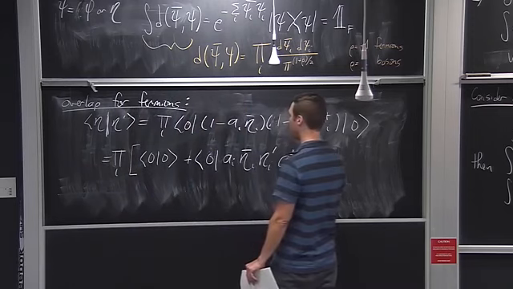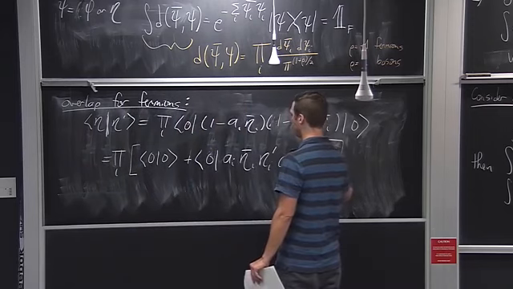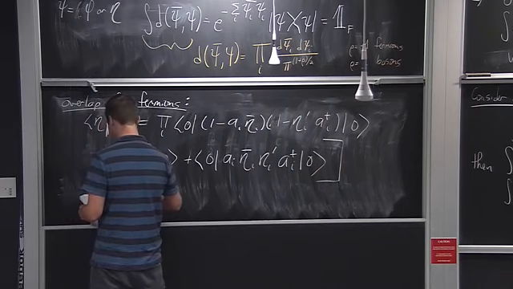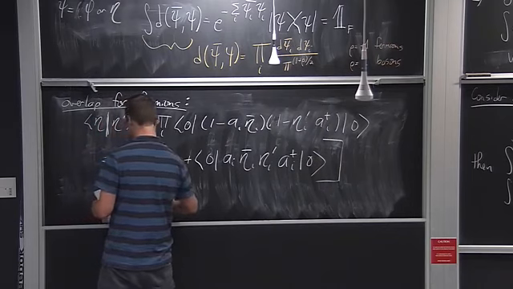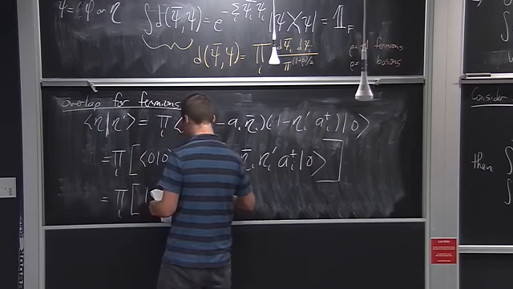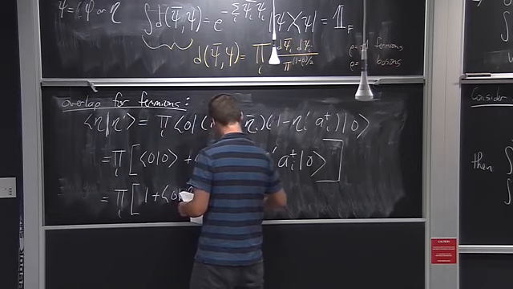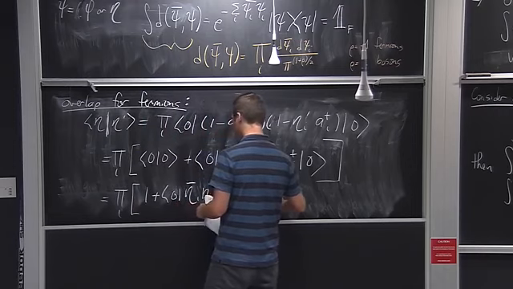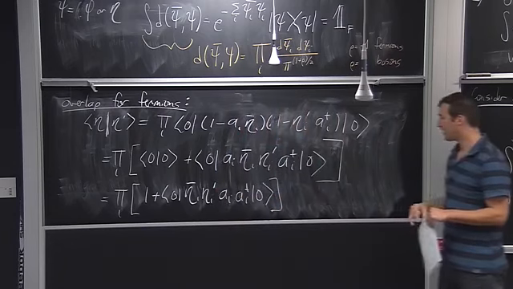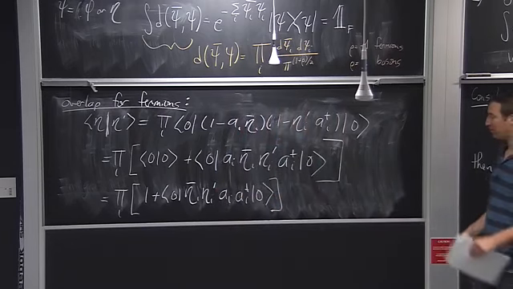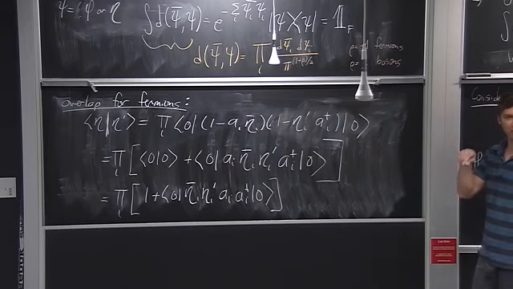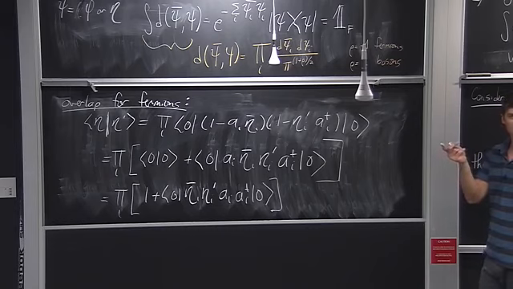I don't know. This product's useless. 1 plus. There we go. That's just eta bar, eta, and a number operator. So the raising operator has a root n plus 1 out front, right?